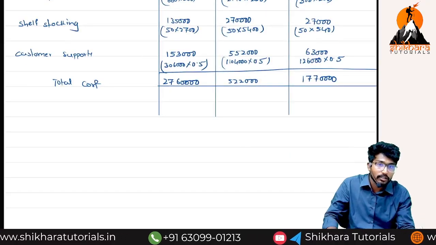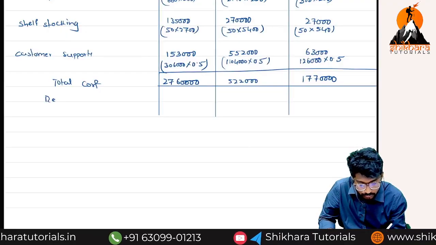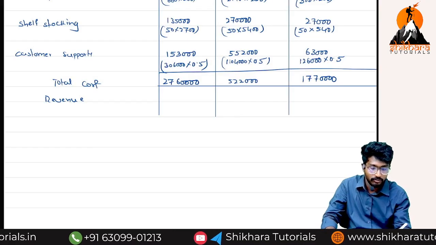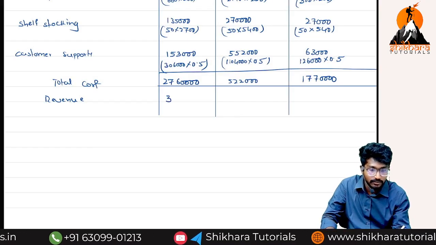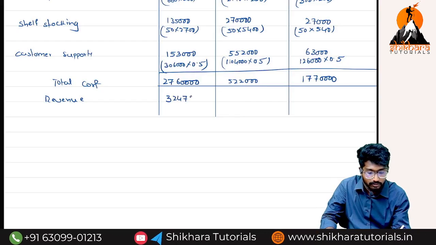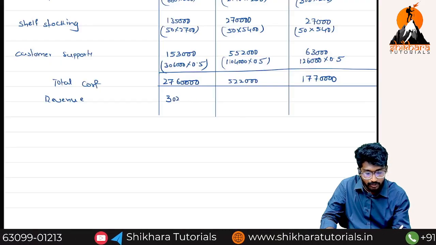This is total cost. Now we have revenue as well. What is the revenue? 30 lakhs 750. 30 lakhs 24,000.